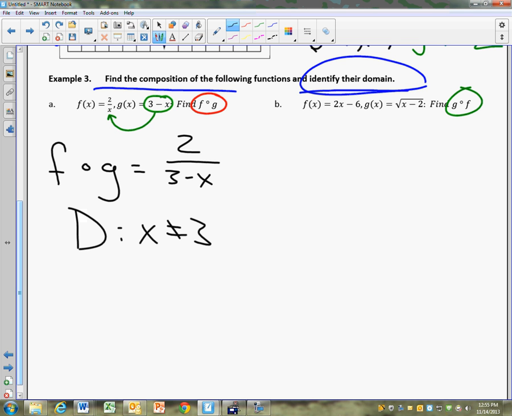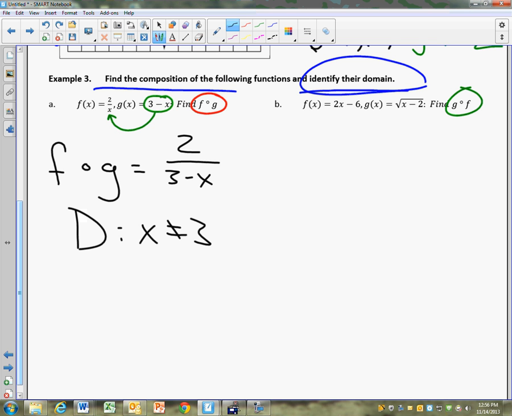Now let me show you why this is so interesting, everybody. Remember when we did domains yesterday and it was the overlap? Well, look at your first function here. If you look at f, what is the domain? What can x not be? X can't be 0. How about 3 minus x? Are there any restrictions on the domain for 3 minus x? No, so the domain here is all real numbers.